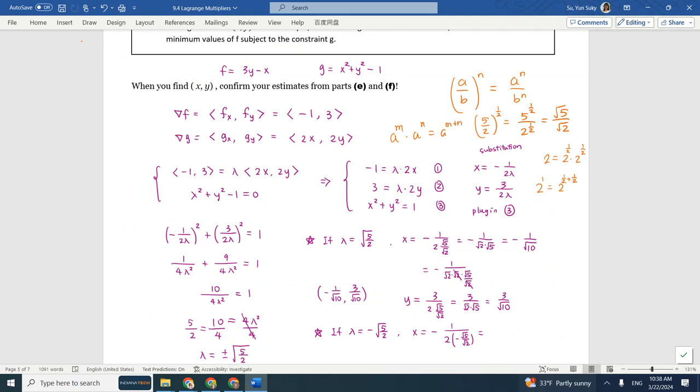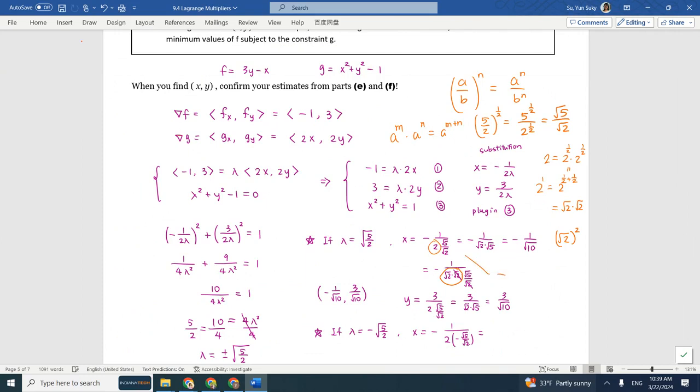So that's why it's 2 to the 1/2 times 2 to the 1/2, so you get the square root of 2 times the square root of 2. Or you can think of what is the square root of 2 squared. That's 2, because square means it multiplies by itself. So 2 is the square root of 2 times the square root of 2. So you cancel one copy of the square root of 2, then you still have one copy.